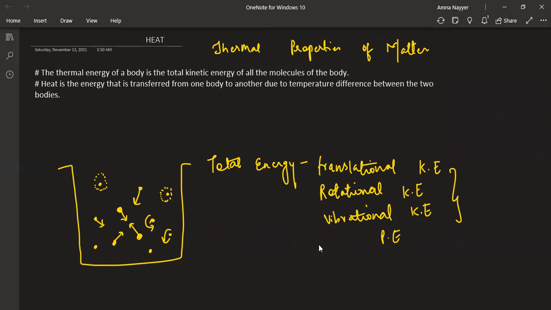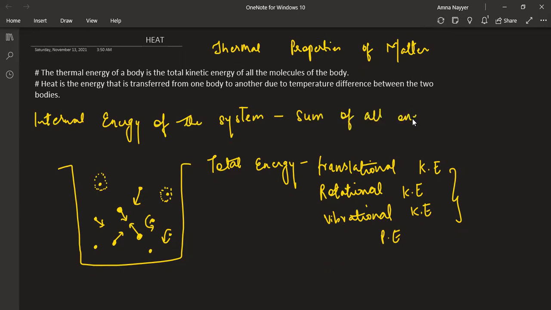Now, all these energies that are present within a system, if you add the translational kinetic energy with rotational kinetic energy, with vibrational kinetic energy, with potential energy, all the energies together, you get the internal energy of the system, which is the sum of all energies. Energies means all the 3 types of kinetic energy and potential energy.